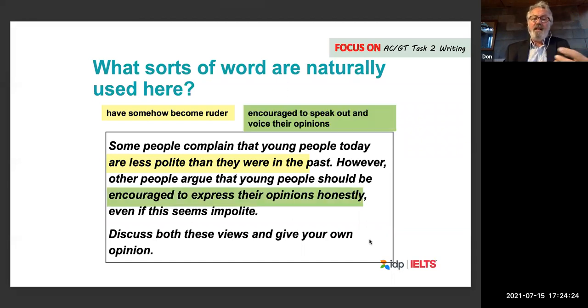Instead of saying "encouraged to express their opinions honestly," you might say that young people are encouraged to speak out and voice their opinions. These are very natural expressions in English. Make a note of them, if you don't know these: speaking out, voice your opinion.